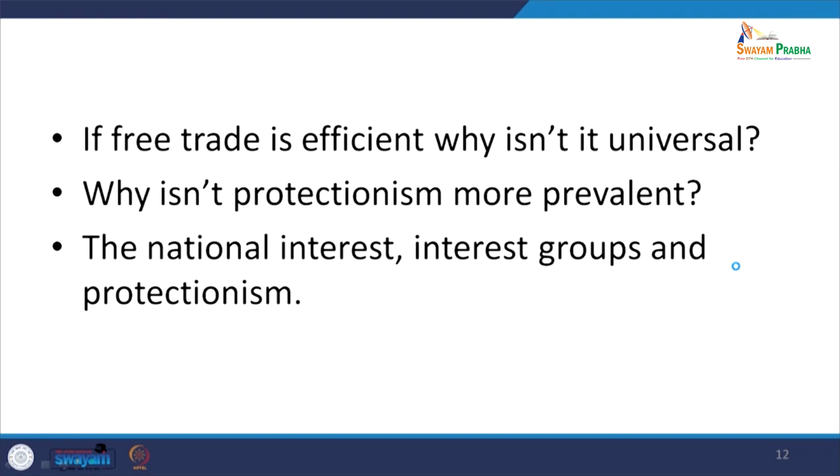Now, we need to understand in a very general context certain other debates that are very important. Is free trade efficient? Why isn't it universal? This is the first question put before us, how can we justify it? If free trade is efficient, there are many suggestions that free trade is actually efficient.